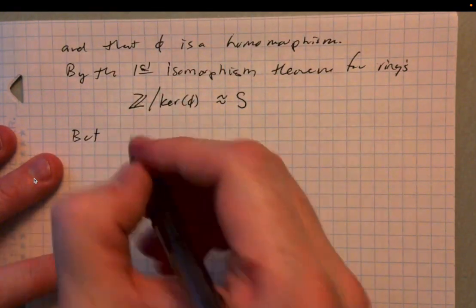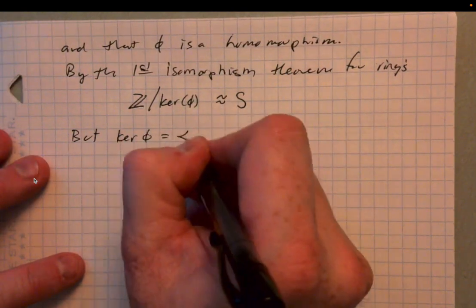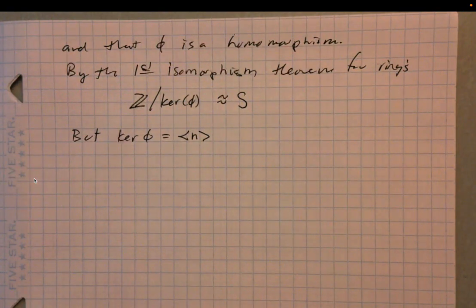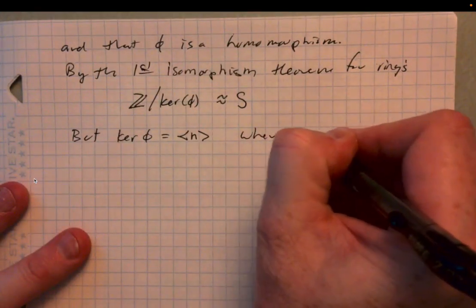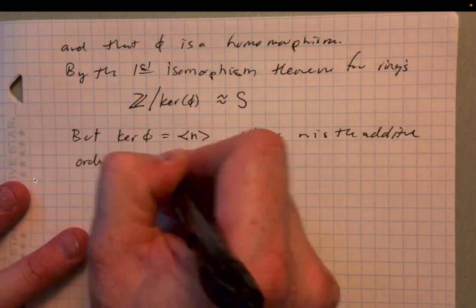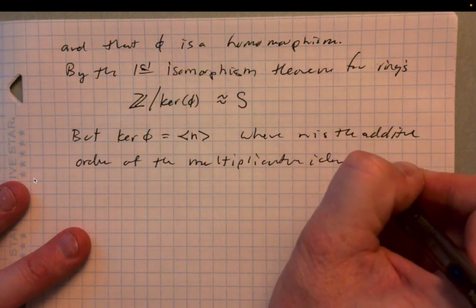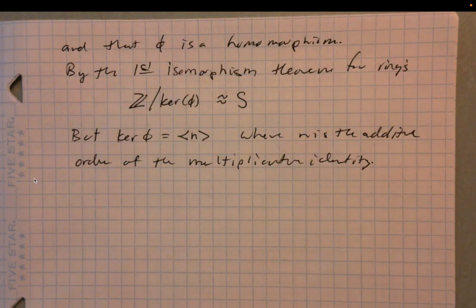But the kernel of phi, what is the kernel of phi? Kernel of phi is just this, right? It's this guy here. And what is n? n is the additive order of the multiplicative identity. So the kernel of phi is just the set generated by n, where n is the additive order of the multiplicative identity.